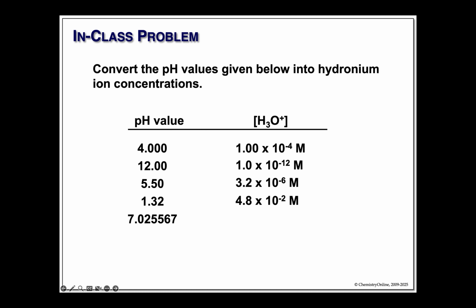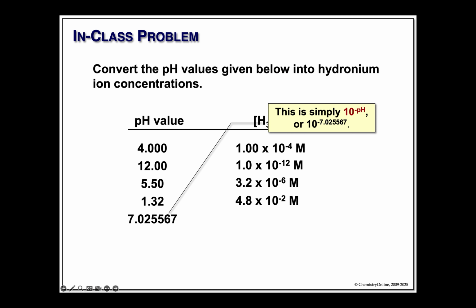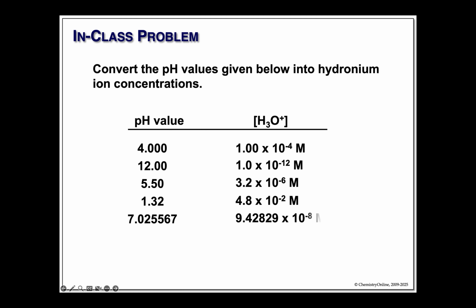And this one, in the lab at USC, we used to read these values to that precision. That's why they're $2,000 a piece for the little quiz. Simply 10 to the minus 7 point whatever. And that's our hydronium ion concentration. Any questions?